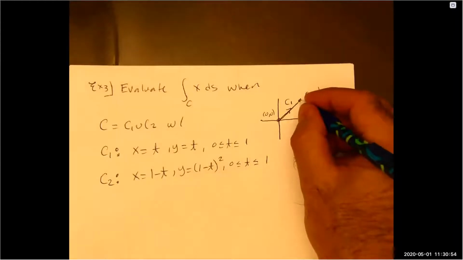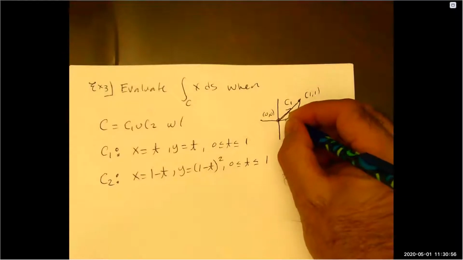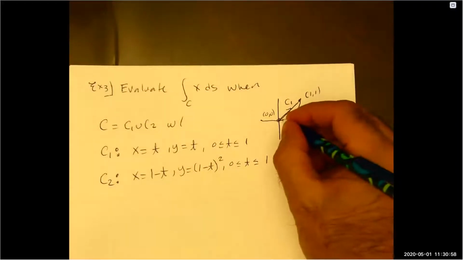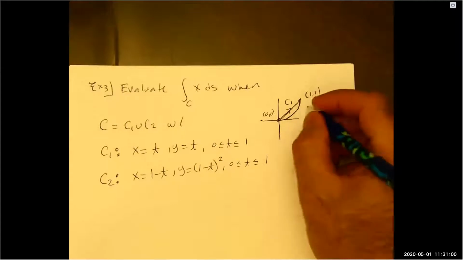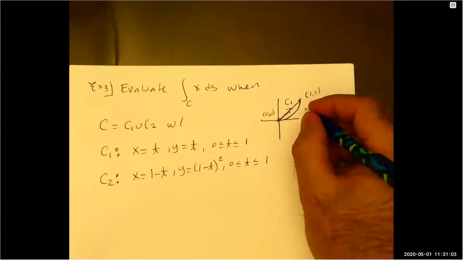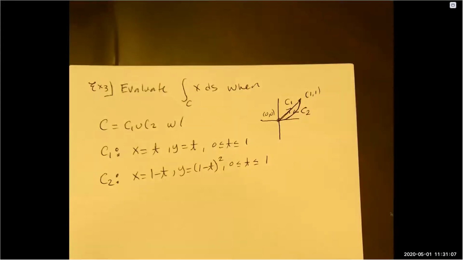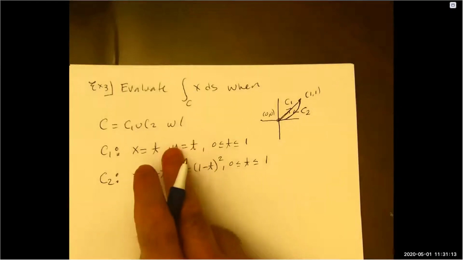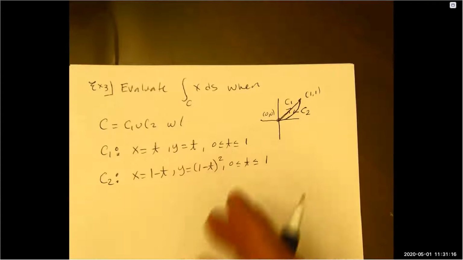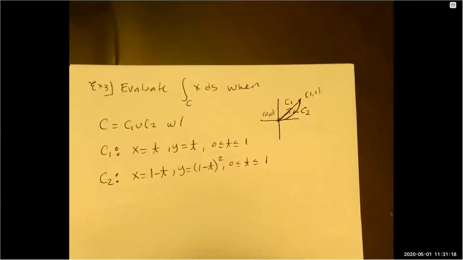So this curve is going like this. So this is C2, and in this case, C2 goes like that. All right, and then we're calculating this line integral over the union of those two. All right, so let's do that.